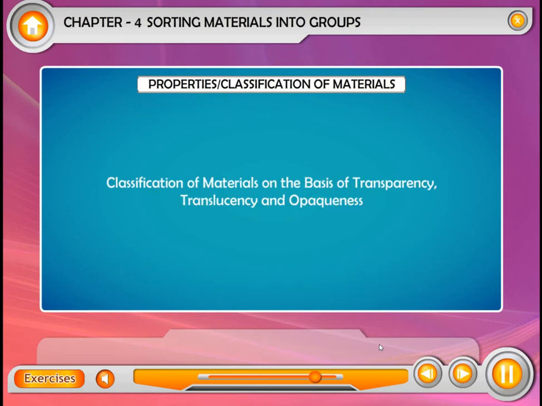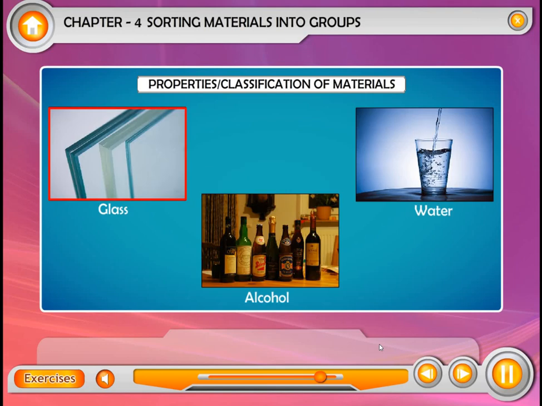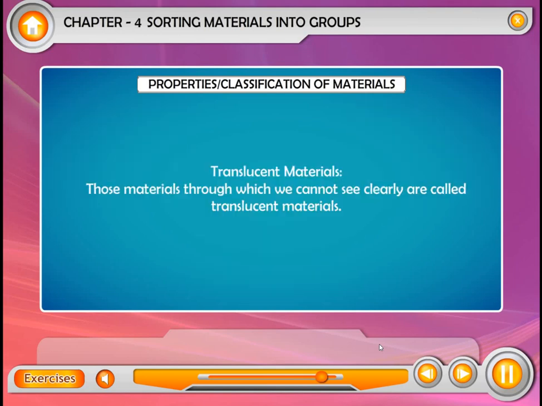Classification of materials on the basis of transparency, translucency, or opaqueness. 1. Transparent materials. Those materials through which we can see clearly are called transparent materials. Some of the examples of transparent materials are glass, air, water, alcohol, etc.